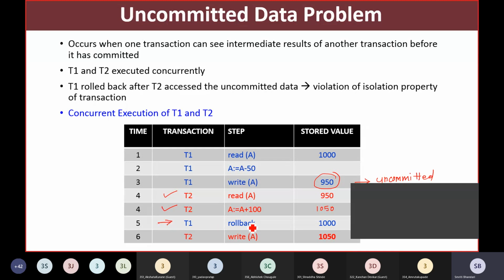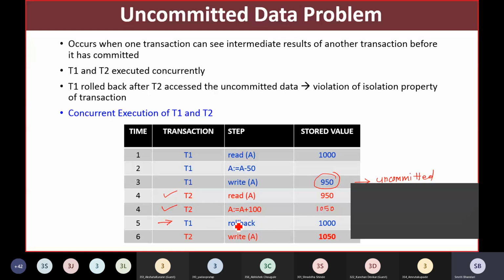So after this statement, my T1 gets rolled back. So there is some problem with T1 and T1 gets rolled back. So if this statement is encountered at this place after T2 has read whatever is written by T1 and now T1 is being rolled back.